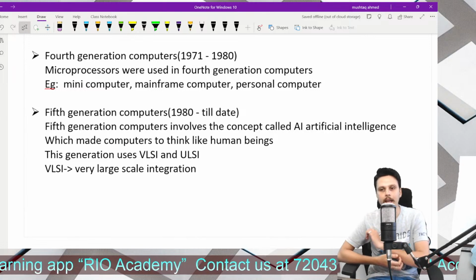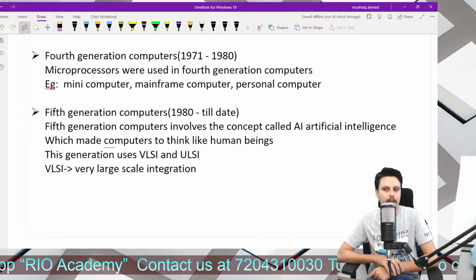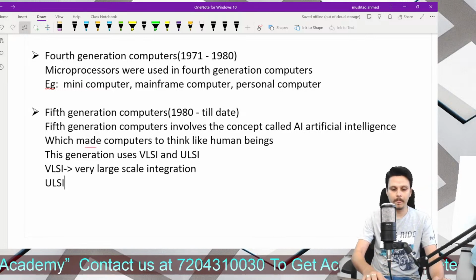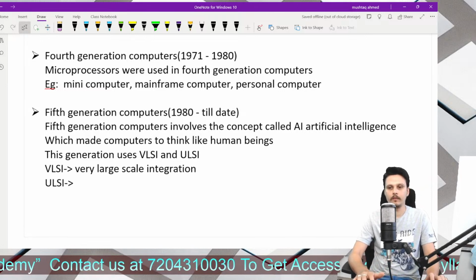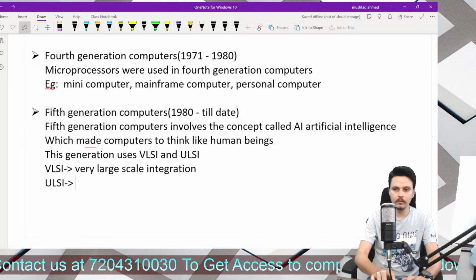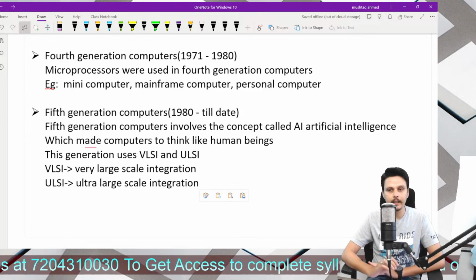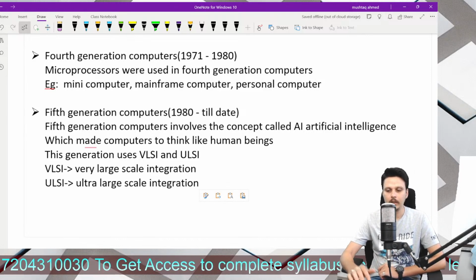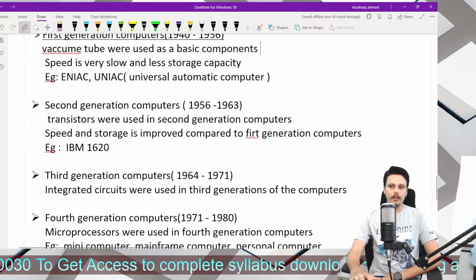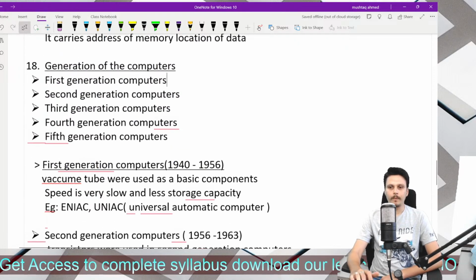You may get a question like, VLSI comes under which generation? That is the fifth generation of the computers. Definitely you will get questions related to these generations.